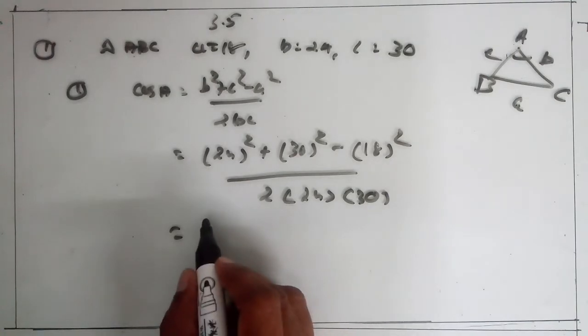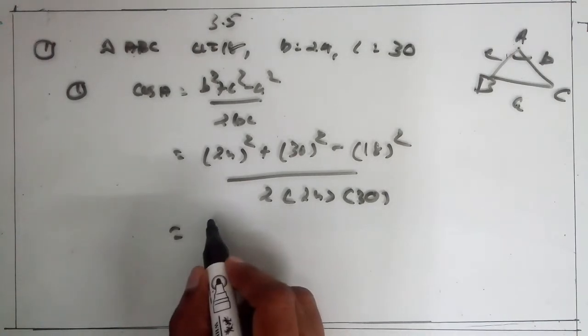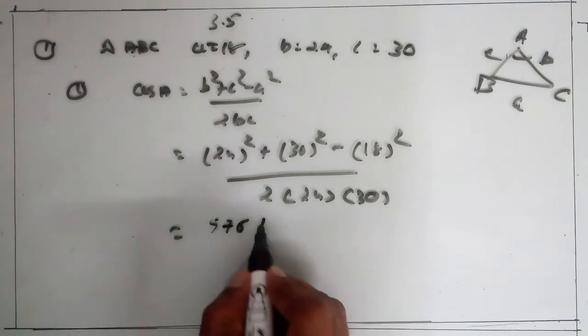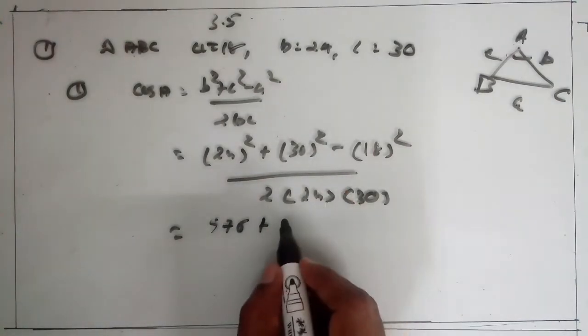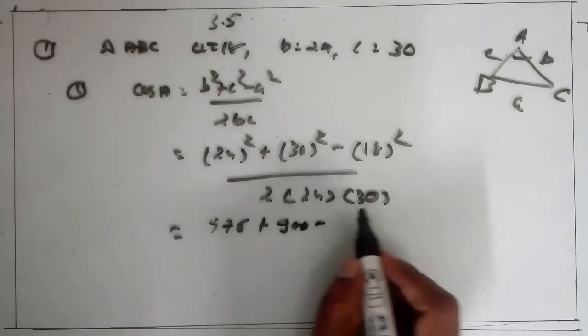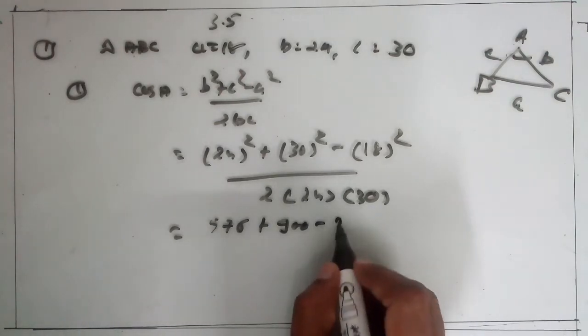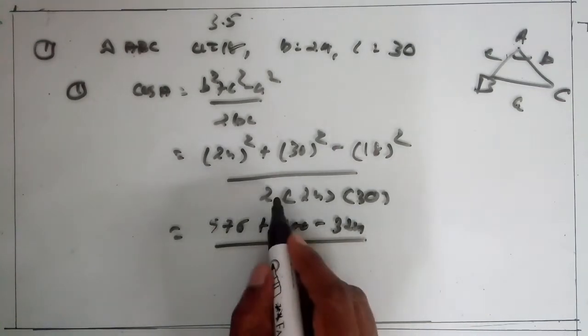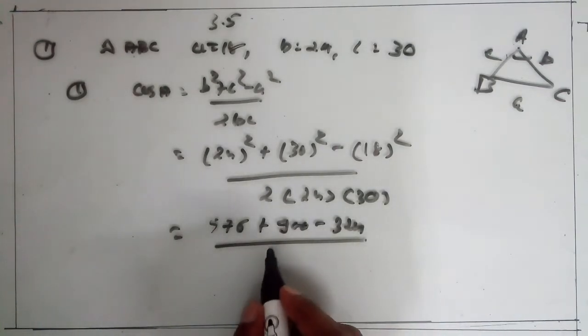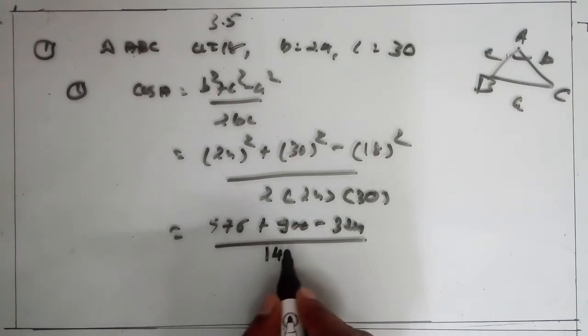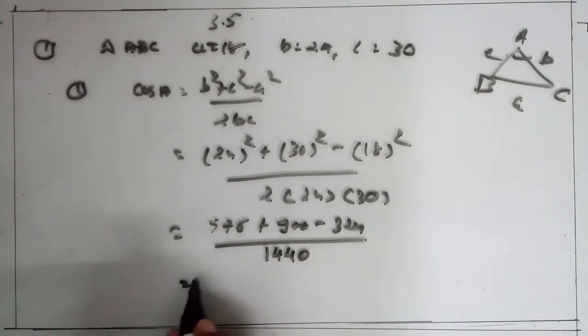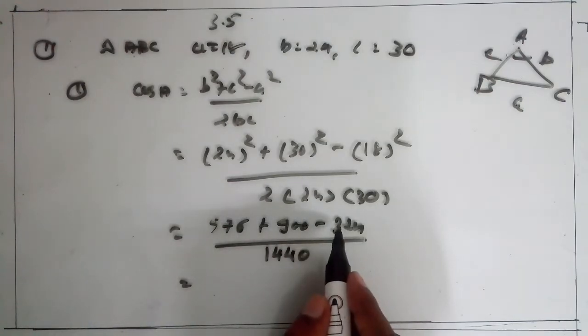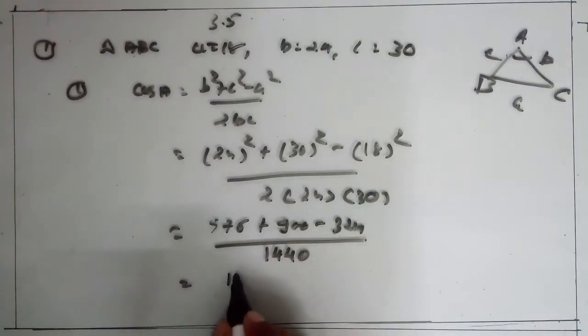24 square is 24 into 24, 576, plus 30 square is 900, minus 18 square is 324, you know that. Upon the product of all, which is 1440. After simplification, you get 1152 upon 1440.